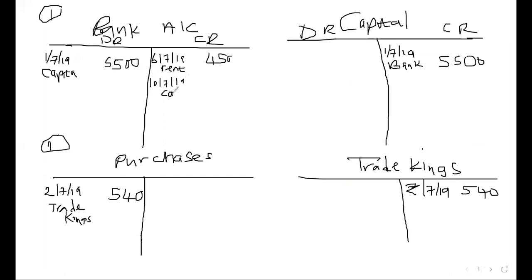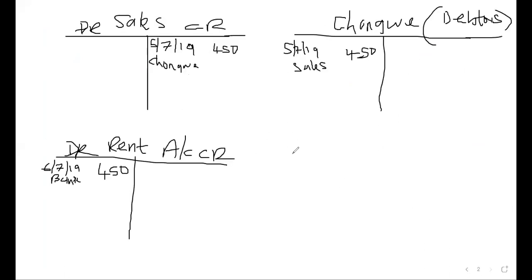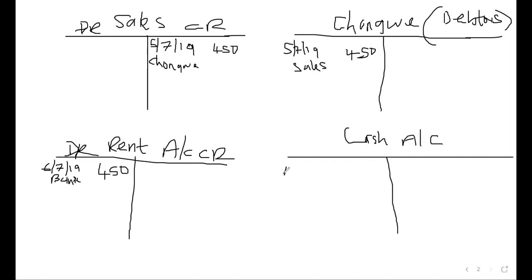We withdrew cash of how much? 800. Let's open an account called cash account. So this was on 10th, 7, 19.